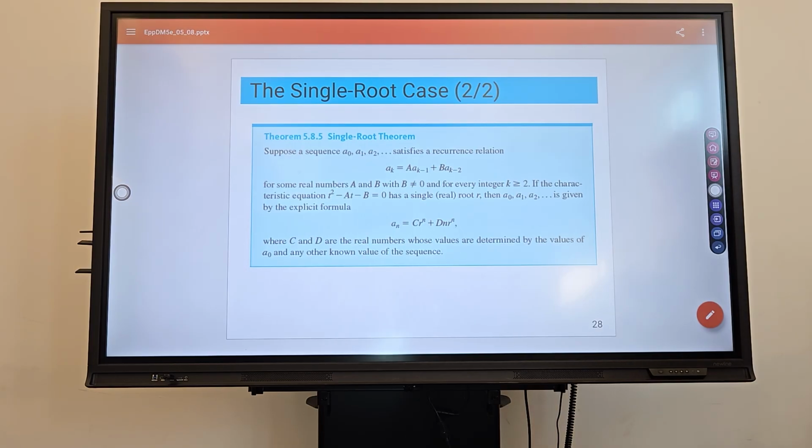If the characteristic equation t squared minus at minus b equals 0 has a single real root, then the sequence A is given by the explicit formula a sub n equals c times r to the n plus d times n times r to the n, where c and d are the real numbers whose values are determined by the values of a sub 0 and any other known value of the sequence.